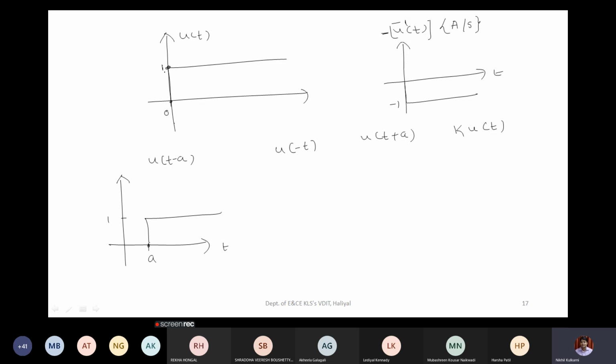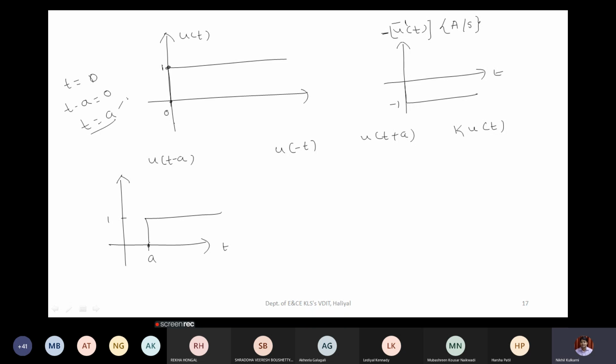But we know at t equal to 0, it is 1. Right? Okay. So we are interested in t minus a equal to 0. So put t equal to t minus a, so t will change to a.